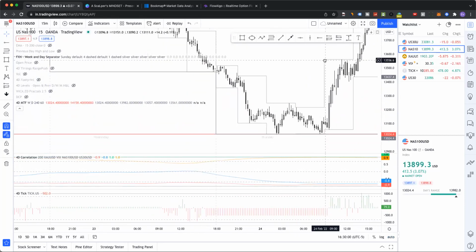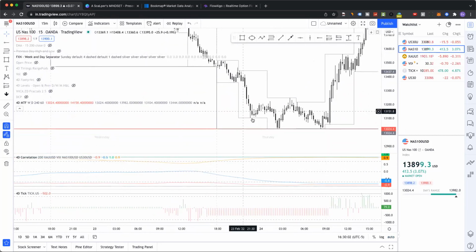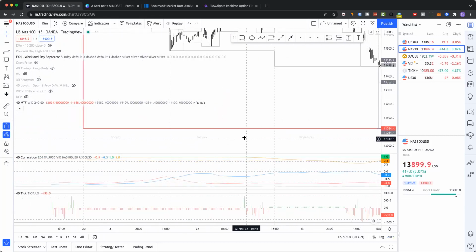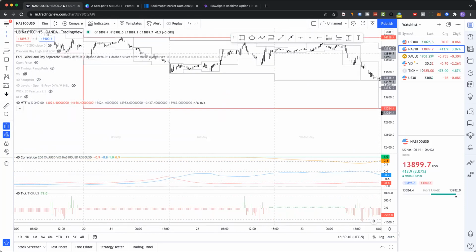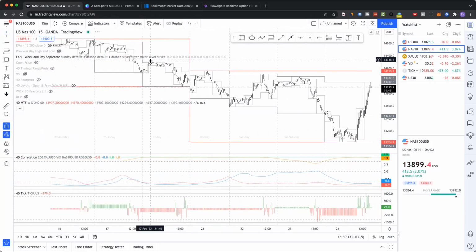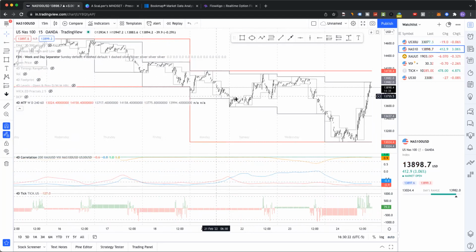I like the FXCN week and day separator because it tells me, okay, this is Thursday, Wednesday, without me having to manually look back and understand which day it is, Tuesday, Monday. Okay, so I can look at that. If you look, we have a Monday high of the week, trading into Thursday's low, midweek reversal. Okay, so it just makes it easier to see.